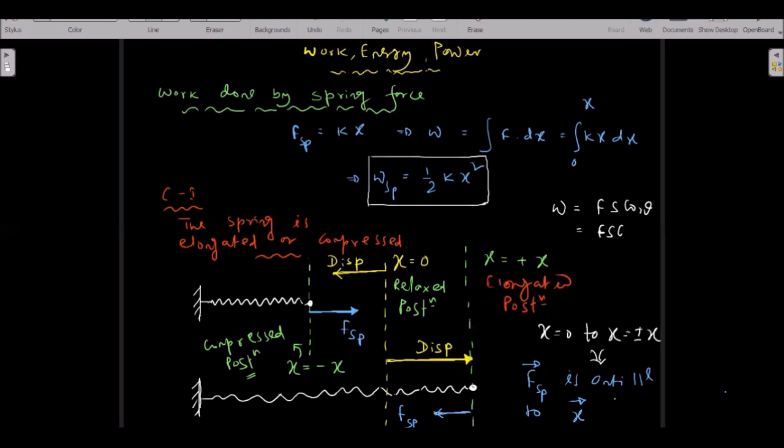So F S cos 180 degrees means minus F S only. So if F spring is anti-parallel to the x vector, the work done by the spring is negative. This is simple to understand. Clear?